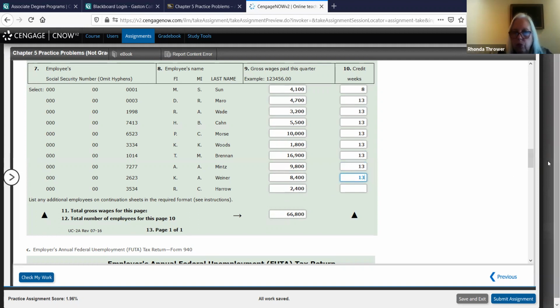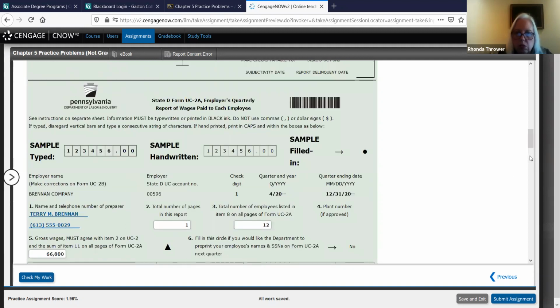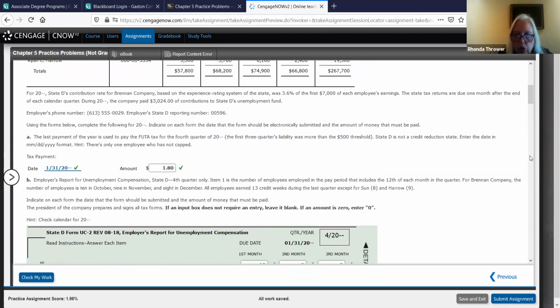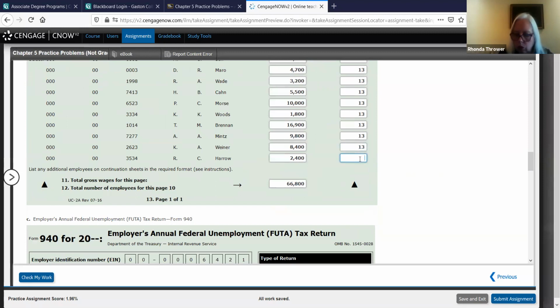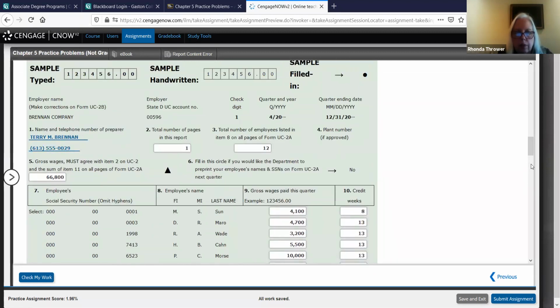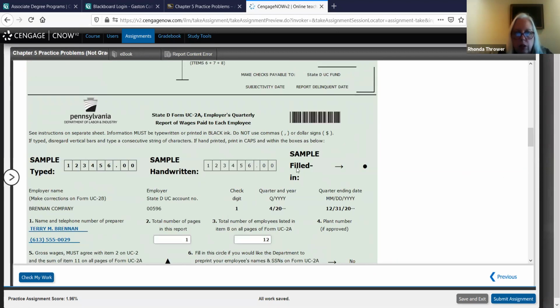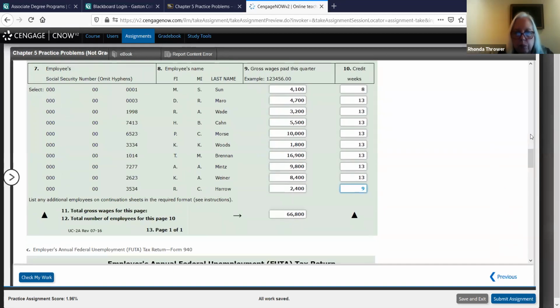And this last person, Harrow, they told you that Harrow was 9 credit weeks. Okay, and that's the part of the employer's quarterly report of wages paid.